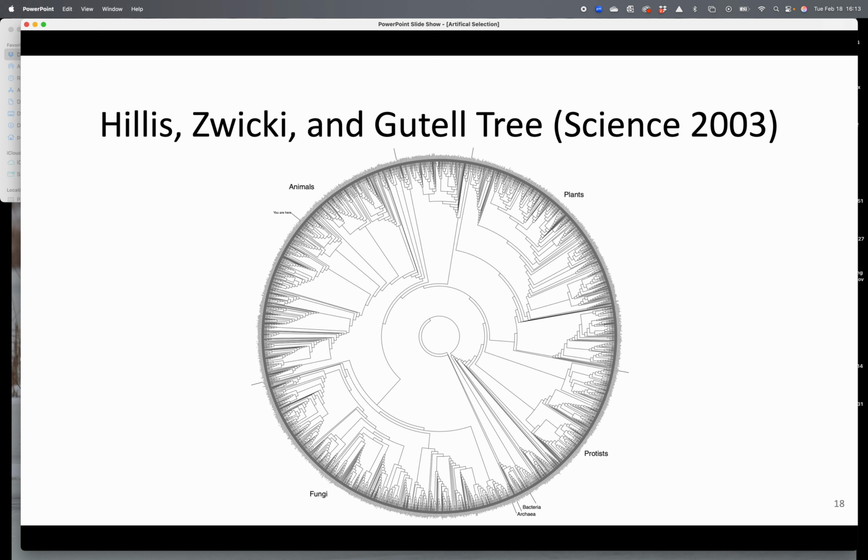And so this is how we envision evolutionary phylogenetic trees nowadays. But you can see here that there's a common ancestor that gave rise to all of the fungi. Here there is a common ancestor that gave rise to all of the animals. Here there is a common ancestor that gave rise to all of the plants, etc., etc.